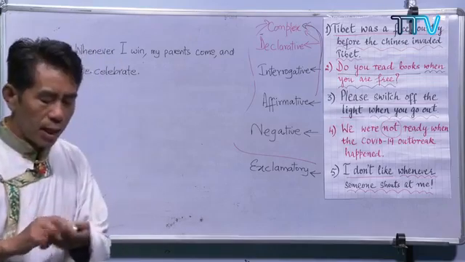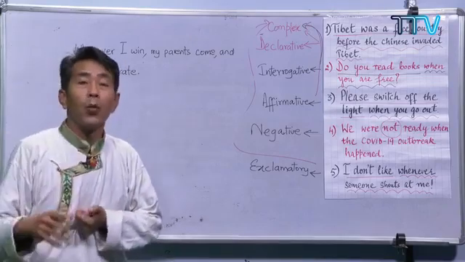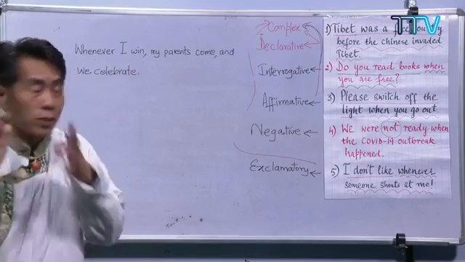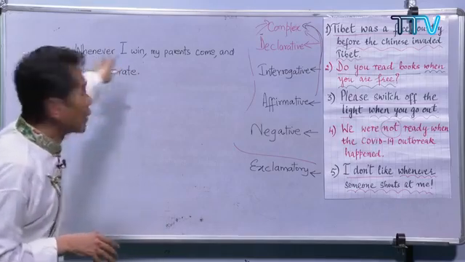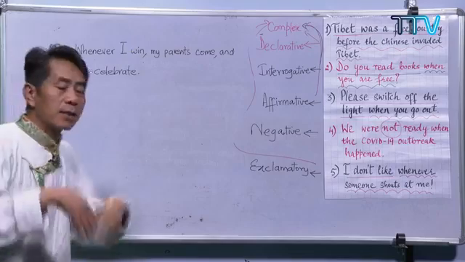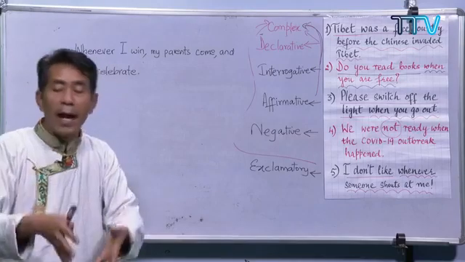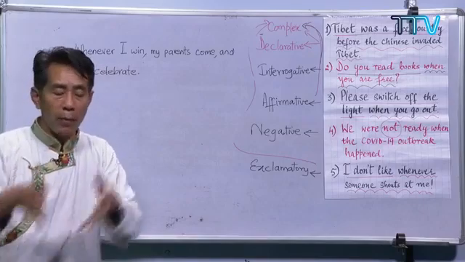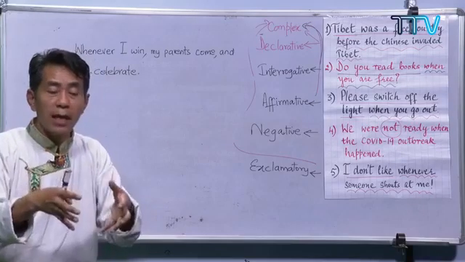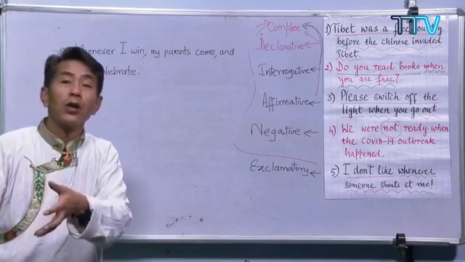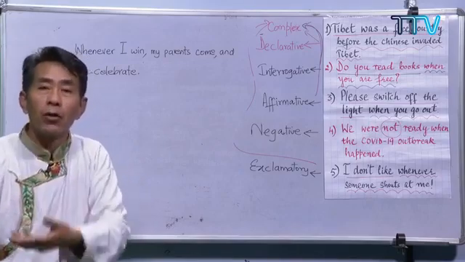In order to identify which type of sentence this is, it's important for you to study the clauses. Why? In a sentence, we have got clauses. Ketan Chola has already introduced you to the main clause and subordinate clause. A main clause is the clause which makes its own sense, and a subordinate clause is the clause which has to depend on another.